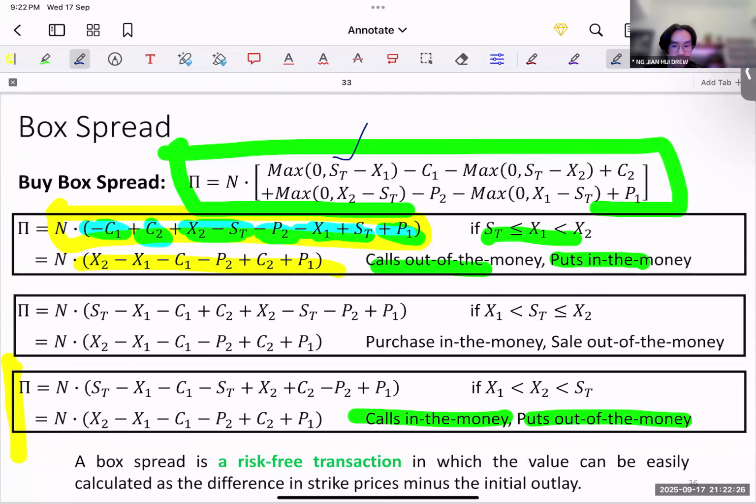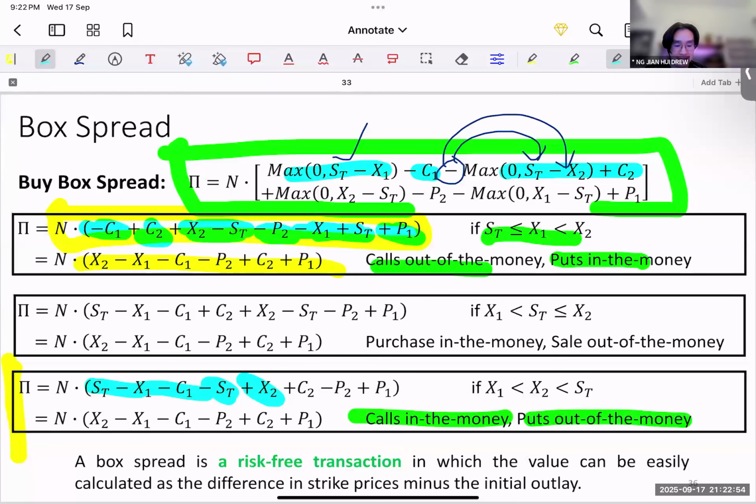So your call is going to give you ST minus X minus C1, which is here, minus this one. This one has some value. Just be careful that this minus must be multiplied in like this. So it becomes minus ST plus X2, because you need to multiply the minus in.